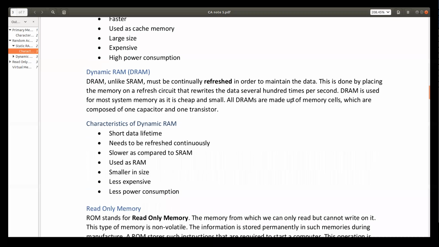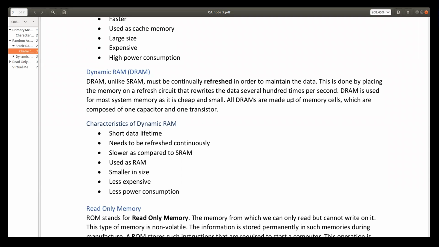So unlike the static RAM, dynamic RAM needs to be refreshed in a periodic manner. It needs to be refreshed. Now what is refreshed? Refreshed means data will be flushed out periodically.